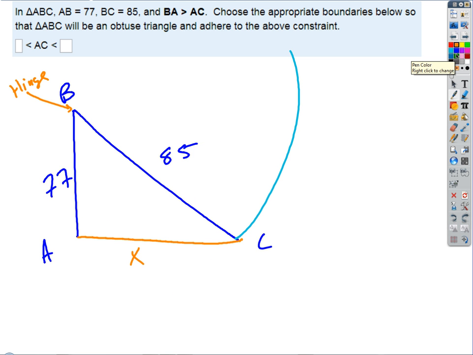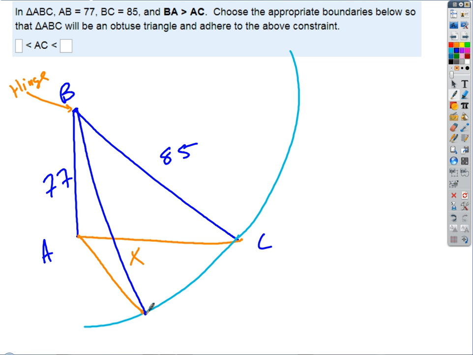So if I shrink it, it's going to be down there, isn't it? It's going to end up being down on this part of the arc when I swing this thing. And that makes sense, because then this 85 length segment would just start there and end there, right?